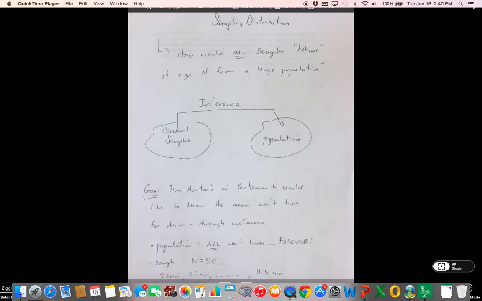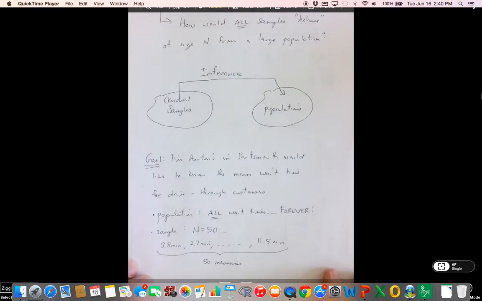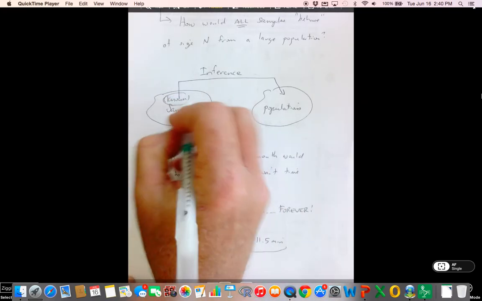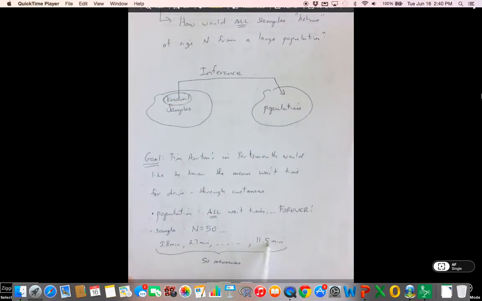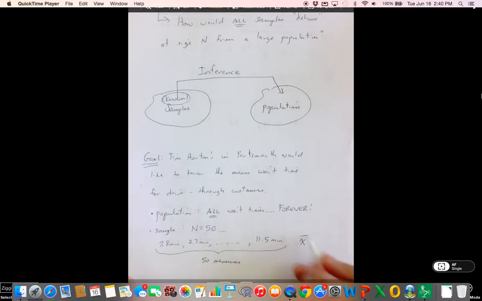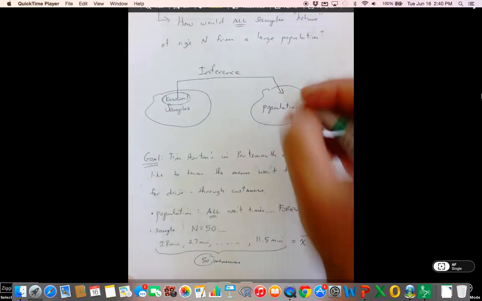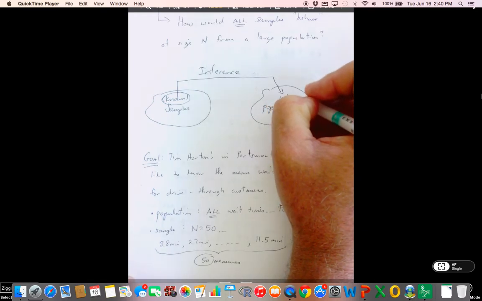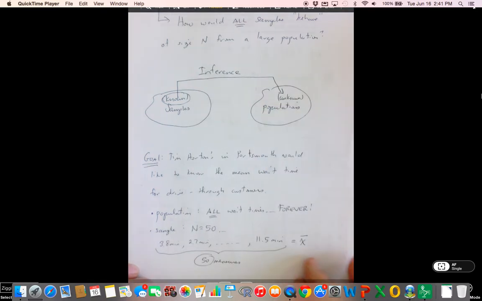So we have 50 measures that we could collect. Now, we would know our sample. All we'd have to do is add up these numbers, and we would get our sample mean of these 50 measurements. And we could use that to estimate something that's unknown in our population.